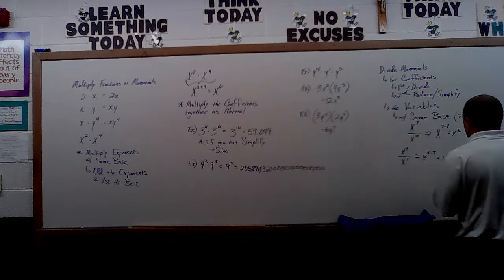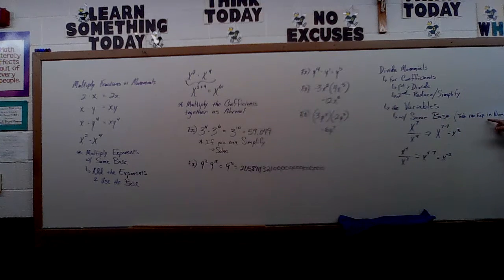So, what you have to remember then is I'm going to take the exponents in the numerator minus the denominator, and my answer is always in the numerator, which means where? The top. The top, right?